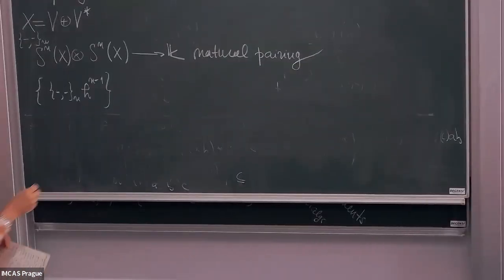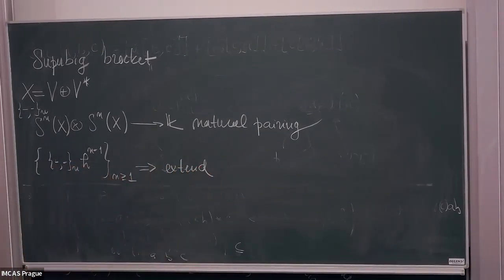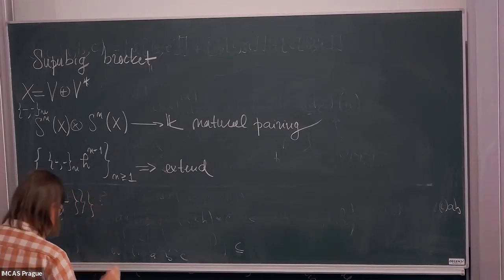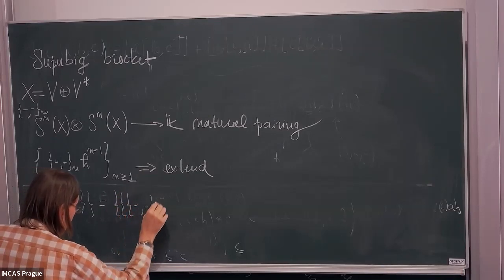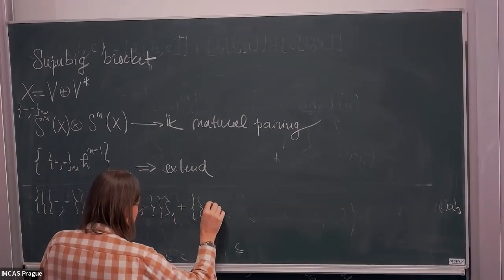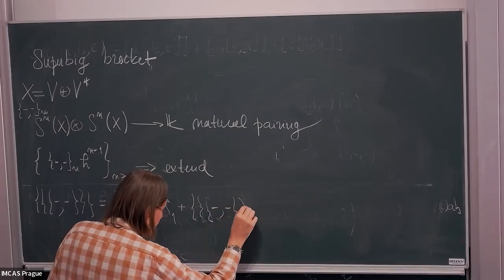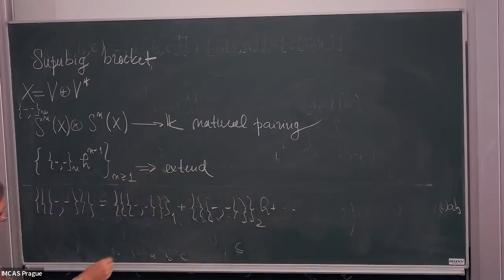So h is again a formal variable, and I extend it to, okay, 1, 2, 3, which is of the form 1, 2, 3, 1, this one plus two, and so on, such that this is a differential operator of degree 1 in both variables.